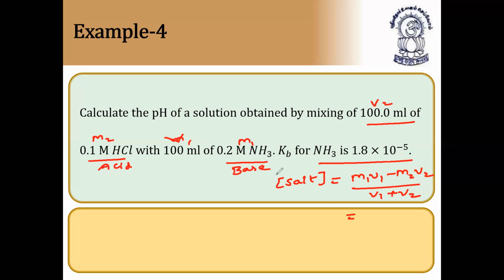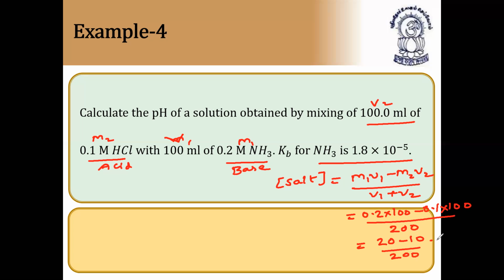So straight away I'm taking here: 0.2 into 100 minus 0.1 into 100 by 200. So 0.2 into 100 is how much? 20, minus 10, divided by 200.